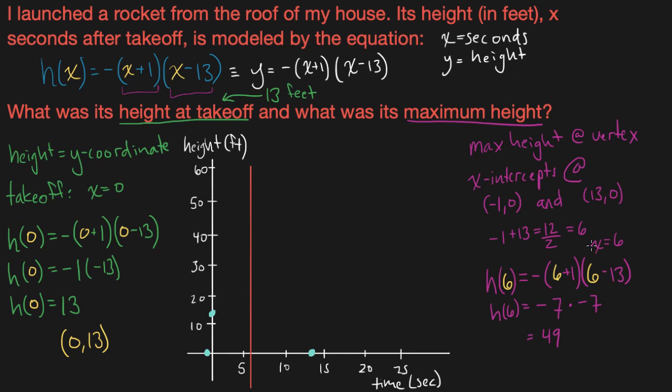And so we know that our x-coordinate is 6, our y-coordinate is 49, and so the point of our vertex is at (6, 49). And so we can graph that on our axis of symmetry here. So I go over 6, that's my x-coordinate, and then up 49, that's my y-coordinate, which is right there. And so I have all the points I need to define this parabola, and I will do my best to sketch it here.